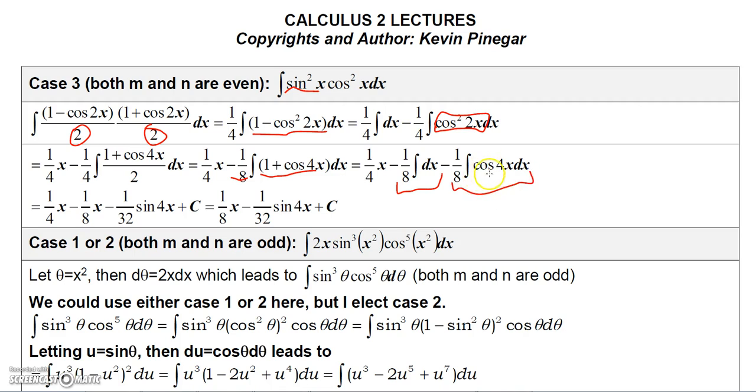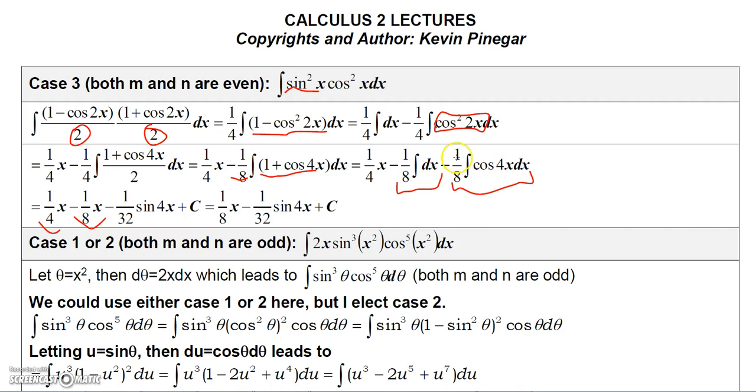And we know how to integrate cosine 4x, and we know how to integrate dx. So when I integrate the dx, I just get x. So that would be minus 1/8 x. Bring down the 1/4 x first, though, so I get 1/4 x, and then integrate the minus 1/8 integral dx, and I get minus 1/8 x. And then when you integrate cosine 4x, that would integrate to sine 4x over 4.